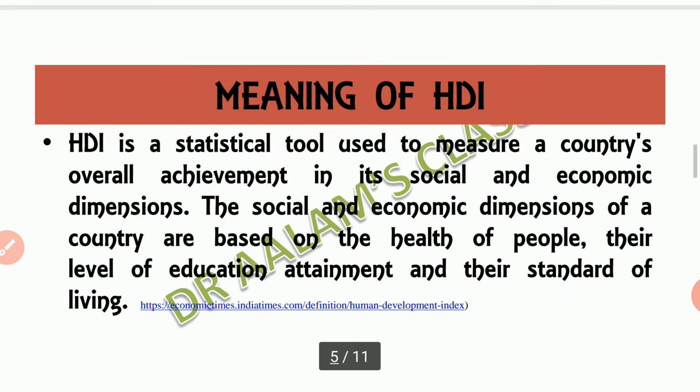Now, what is the meaning of HDI? HDI is a statistical tool that is used to measure a country's overall achievement in its social and economic dimensions. These social and economic dimensions of a country are based on the health of people and their level of education attainment and their standard of living.